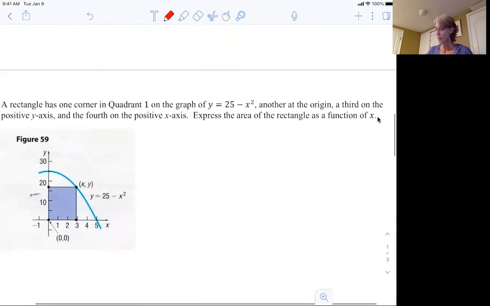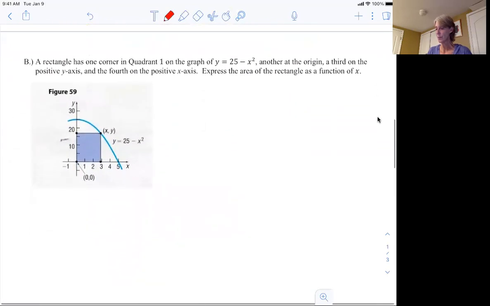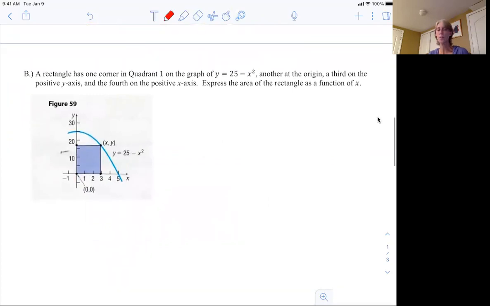Let's try another type of example. A rectangle has one corner in quadrant 1 on the graph of y equals 25 minus x squared, another at the origin, a third on the positive y-axis, and the fourth on the positive x-axis. Express the area of the rectangle as a function of x. So we want to write an area of the rectangle.